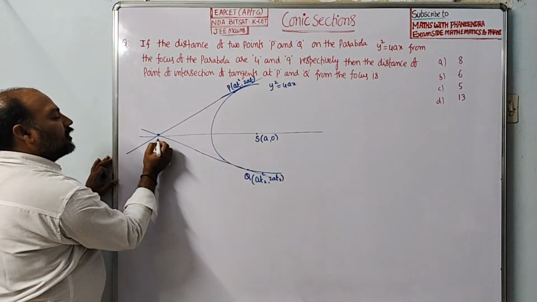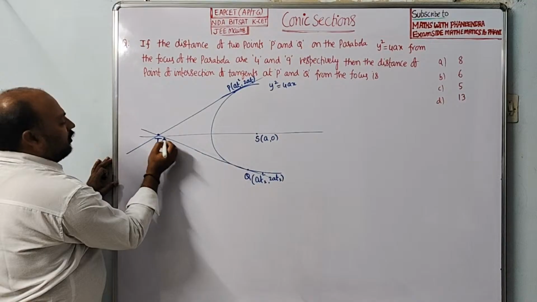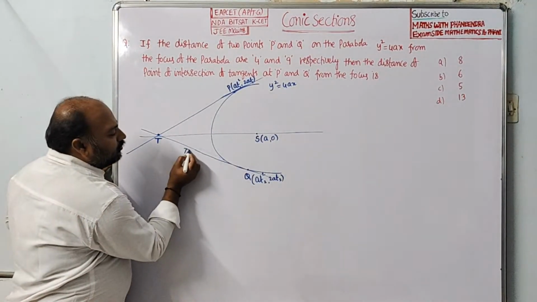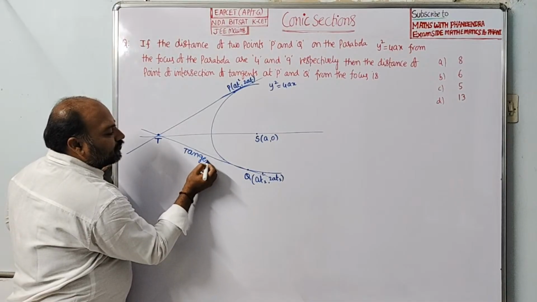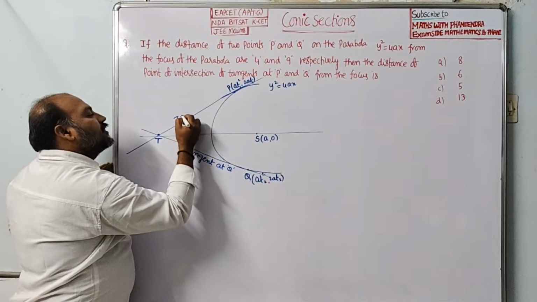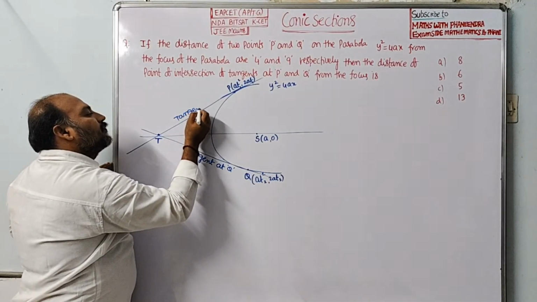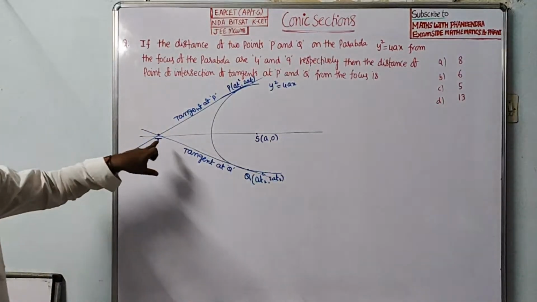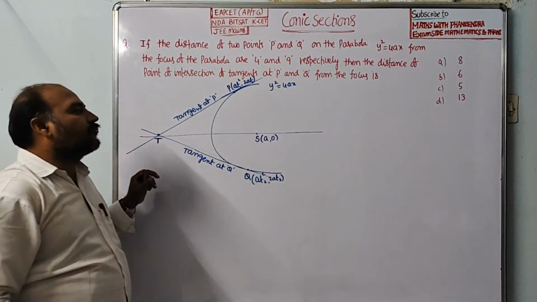The point I'm taking as T or R, anything you can take. Tangent at Q, tangent at P, which are intersecting at T.